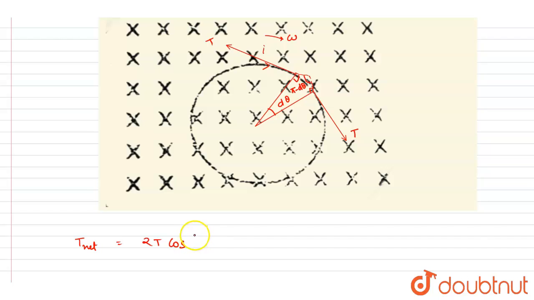Here the magnitude of both vectors is T, so it will be 2T sin d theta by 2. Since the angle is so small, sin d theta by 2 is d theta by 2. So let me write this down.